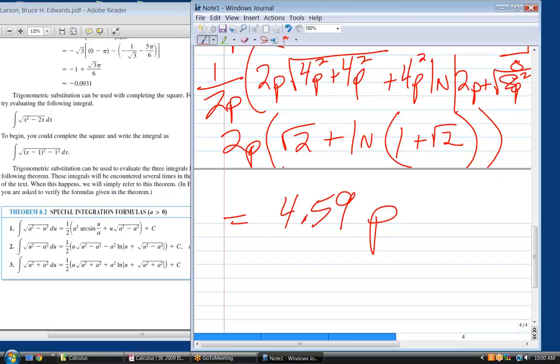So the length of the arc from one end of the latus rectum to the other is 4.59 times the focal length.